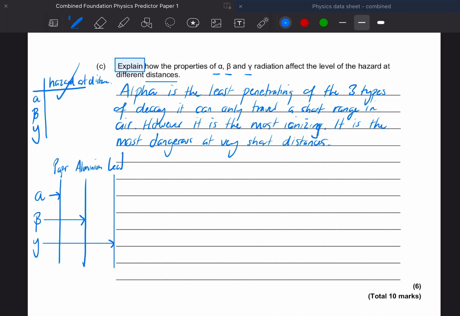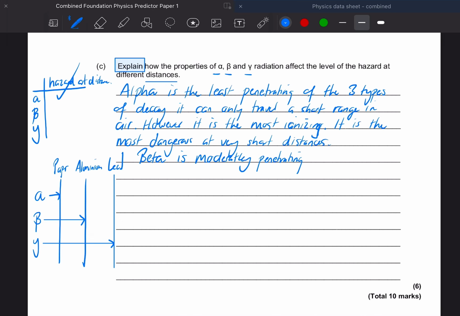So hazard distance. Let's talk about beta. So beta is moderately penetrating. So it can go through the paper, and it'll go a fair distance in air, but not as far as gamma.